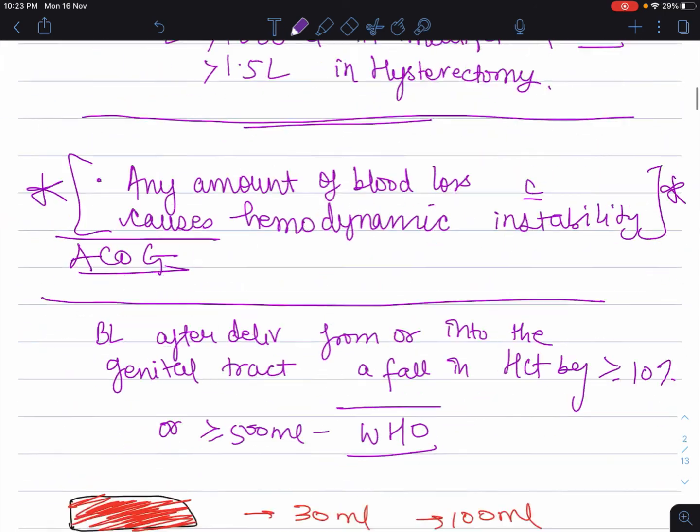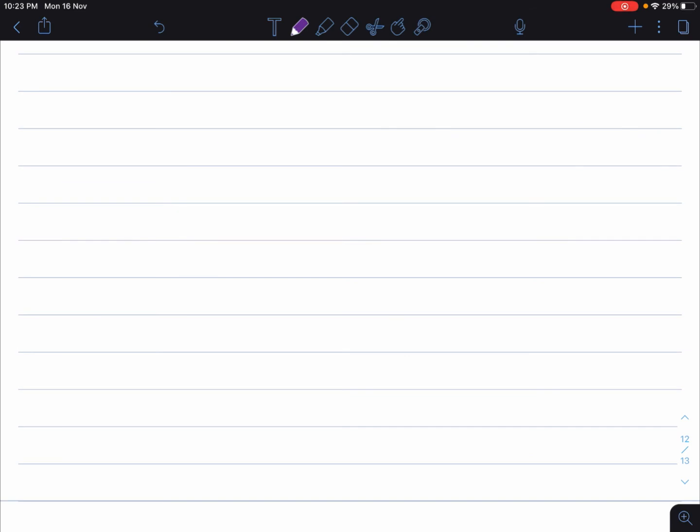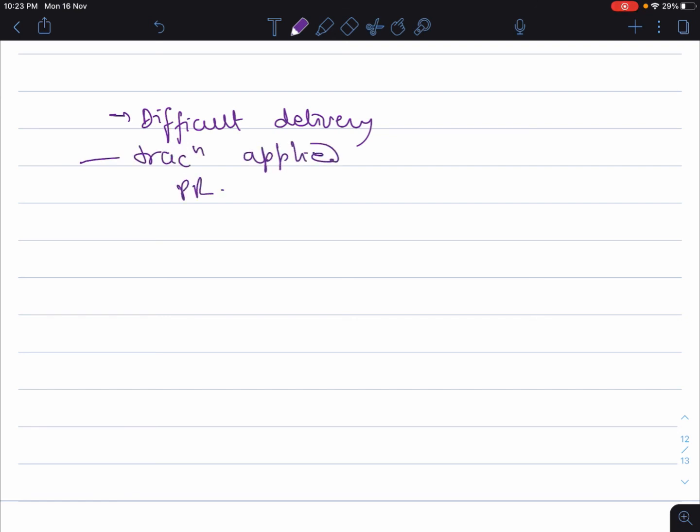And another case scenario that does happen, in fact even I've encountered one, is where supposing there was a difficult vaginal delivery going on, and there was traction applied. And you see that now the pulse rate after applying the traction is around 60, but her BP has dropped drastically to 80/54 mmHg, and you cannot feel the uterine fundus.